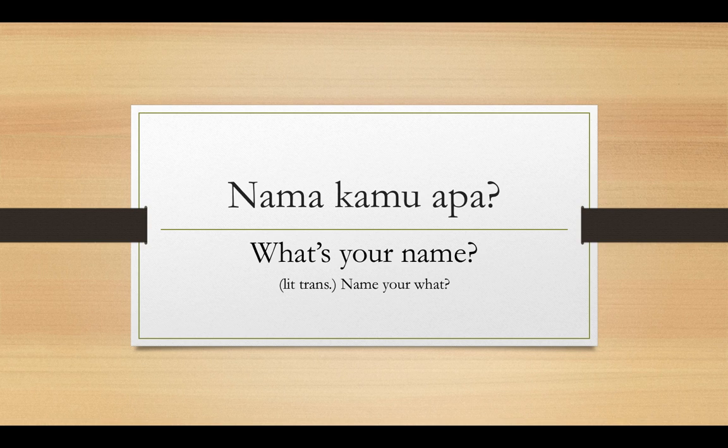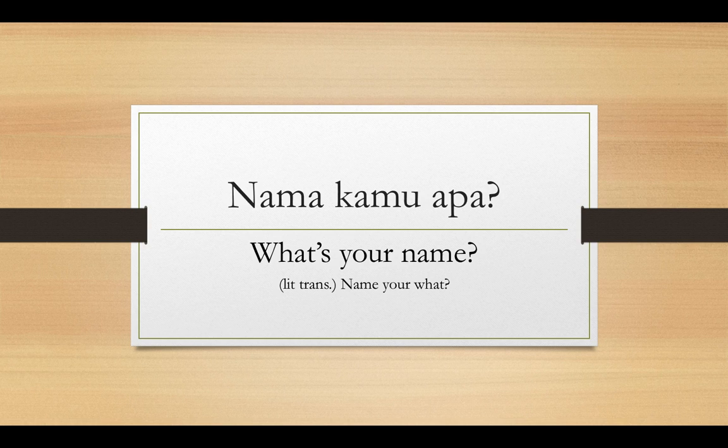So, just to repeat one more time, it's "name, your, what." In the formal Malay, as usual, we would say this as "nama kamu apa." And in the informal Malay, we would say this as "nama kamu apa."